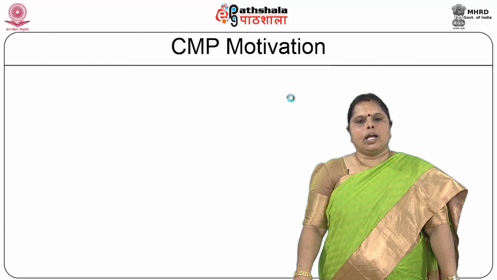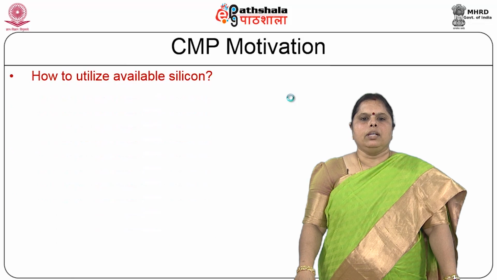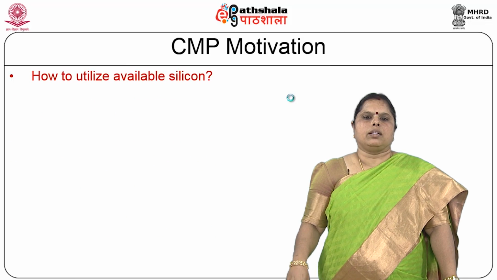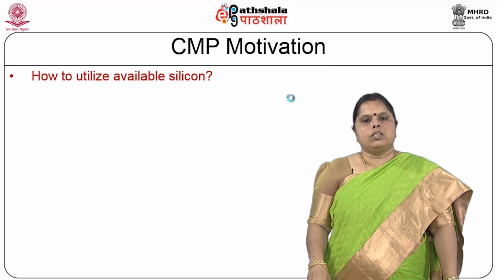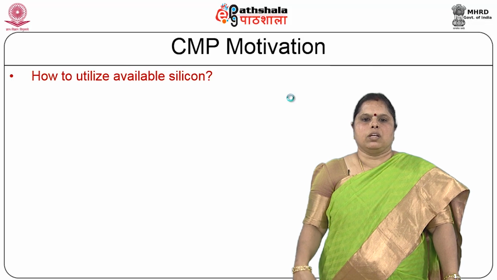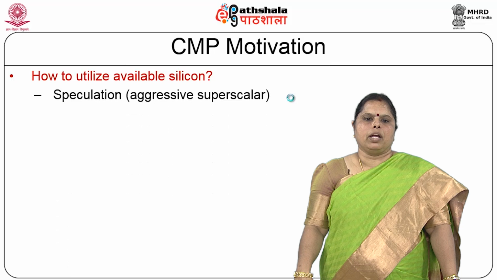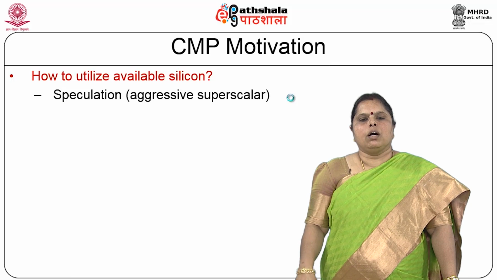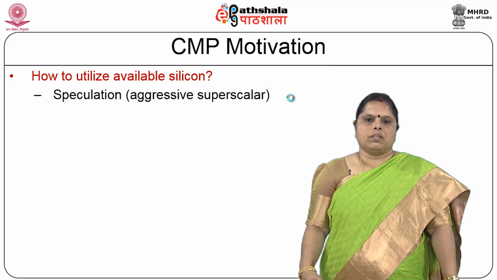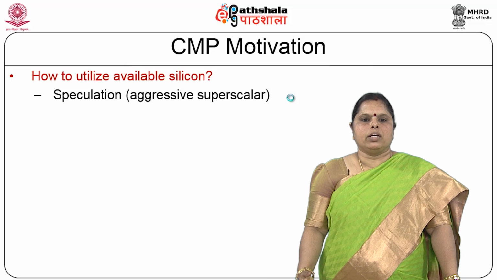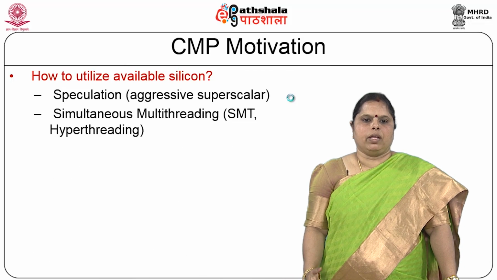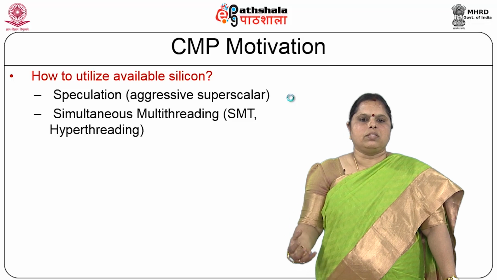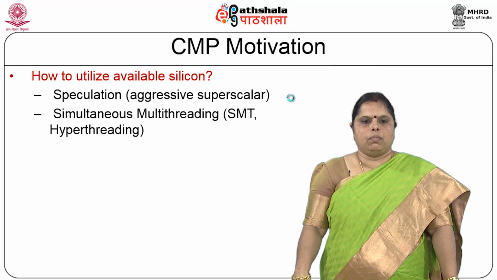Having looked at the various categories of multithreading, we look at the other strategy associated with exploiting thread level parallelism, which is chip multiprocessing. What is the motivation behind chip multiprocessors? Basically, we would like to address how to utilize the available silicon. You have so much hardware available, so what are the various ways in which you can use it?